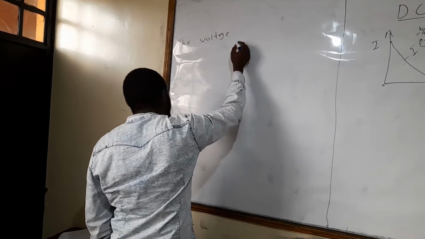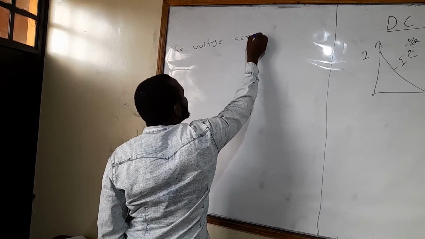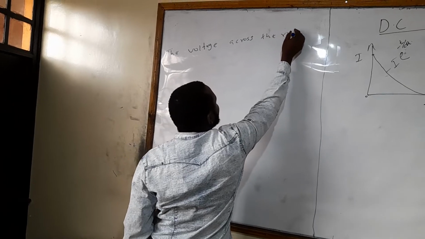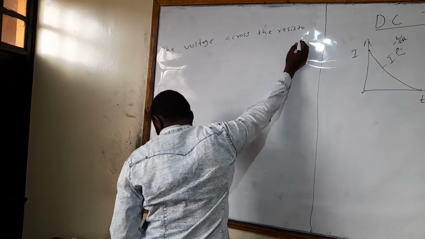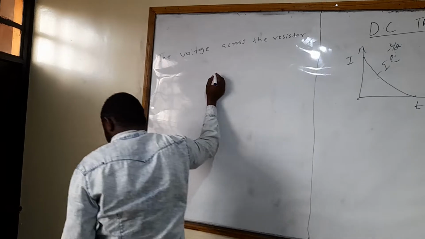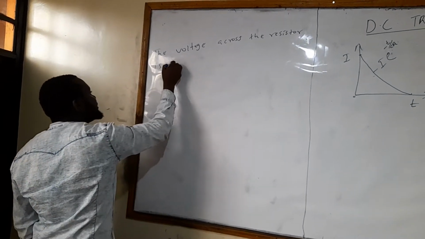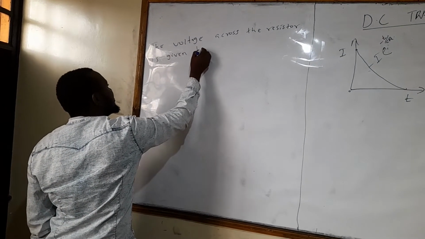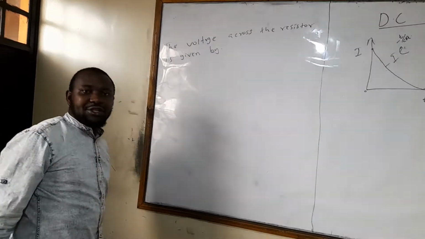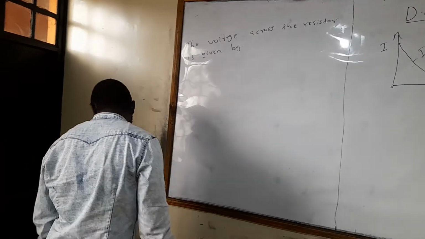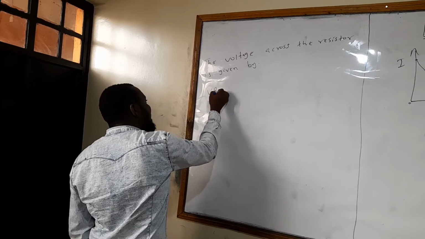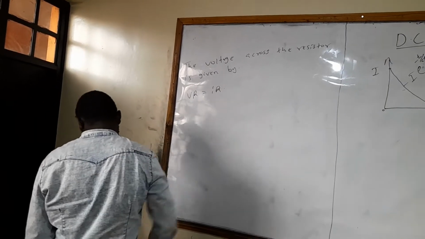The voltage across the resistor is given by VR is equal to IR.